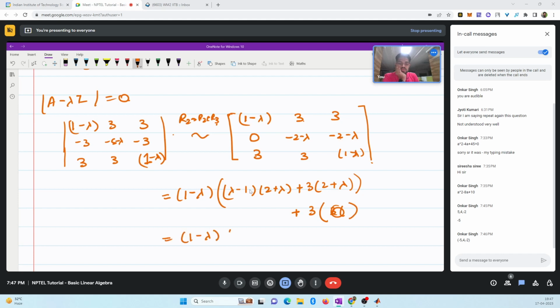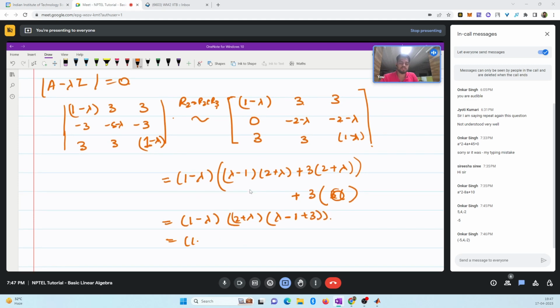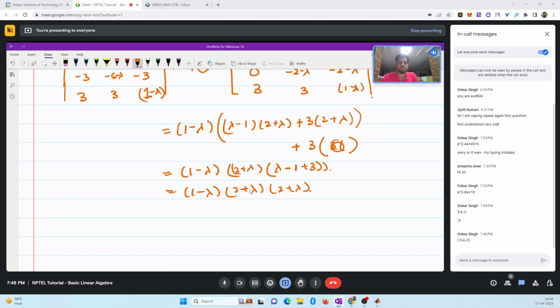If you take 2 plus lambda common from here, you get lambda minus 1 plus 3, and then you get 1 minus lambda, 2 plus lambda into 2 plus lambda. So the eigenvalues that you get are lambda equal to 1, minus 2, minus 2.